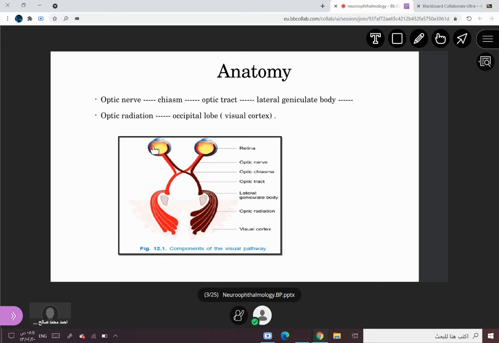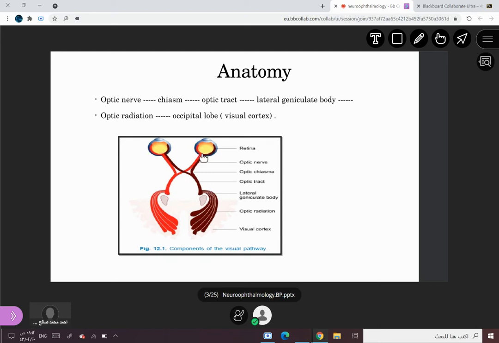Imagine that this image is for you. This is your right eye and this is your left eye. Imagine it is yours, not someone you are examining. If you are examining, this will be the right and this will be the left. But I want you to imagine now as if it is your own system. This is your right eye, this is your left eye.